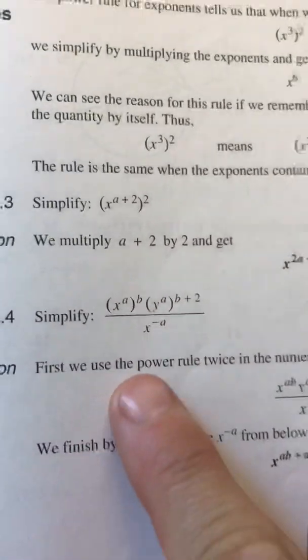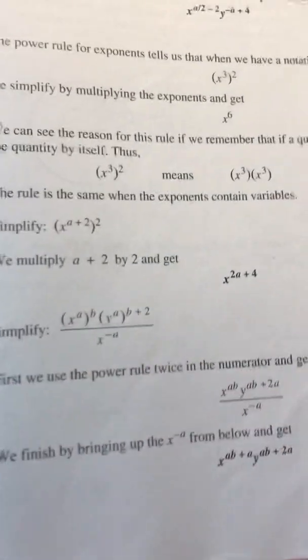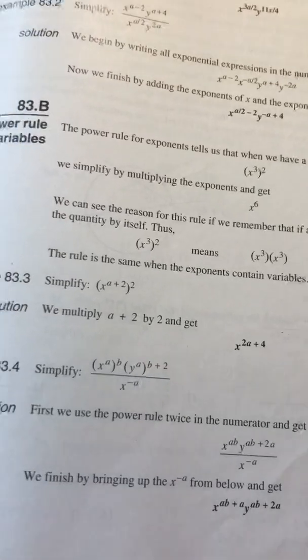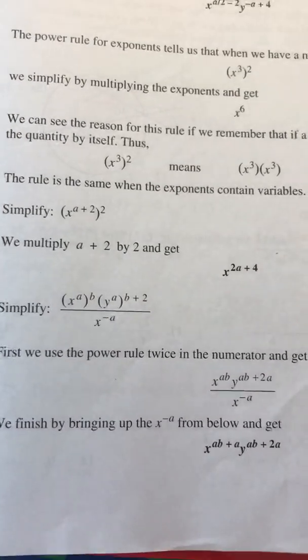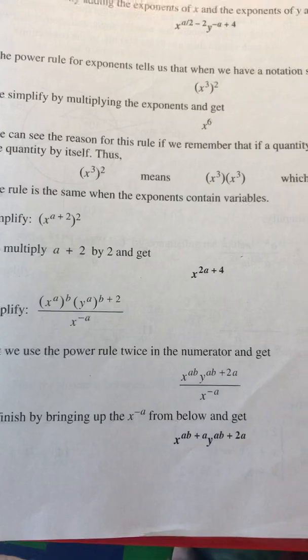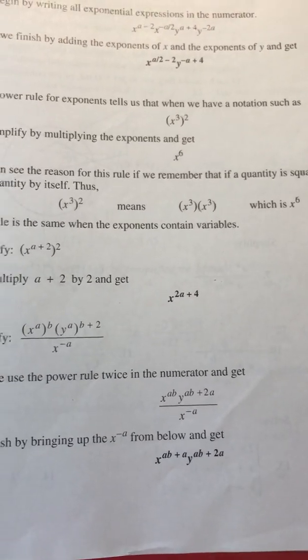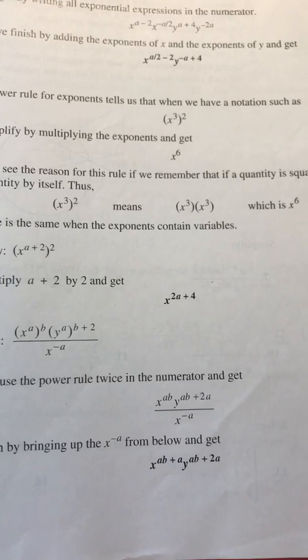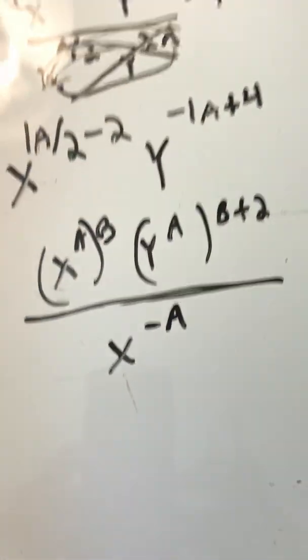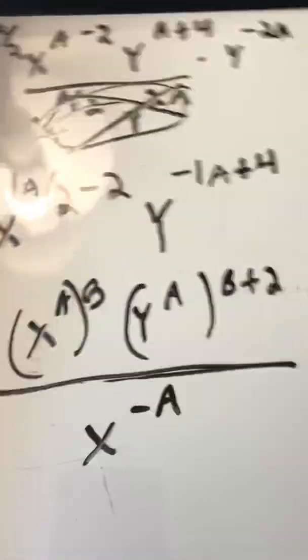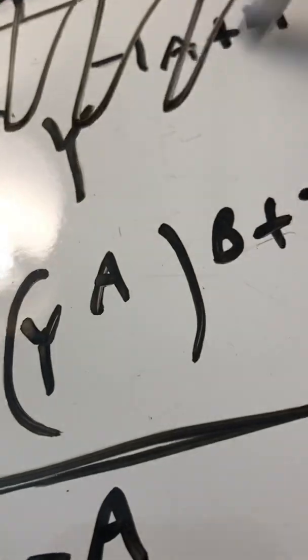Okay? So let's do this one right here. X to the a to the b, and then y to the a to the b plus 2, divided by x to the negative a. Okay, so when you have an exponent to an exponent, you have to distribute. We've already done the other one.